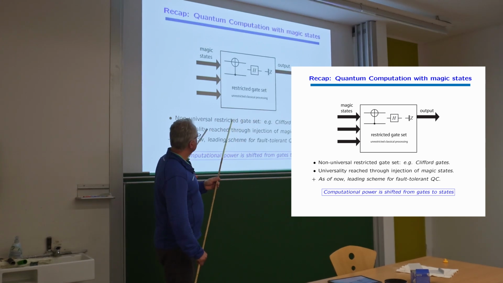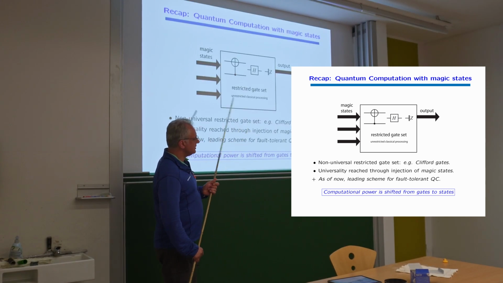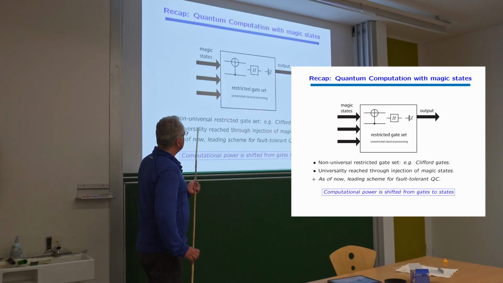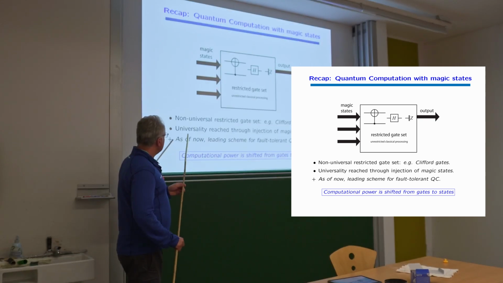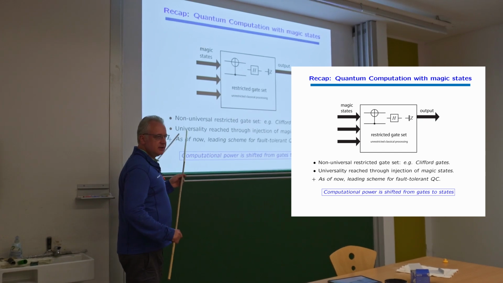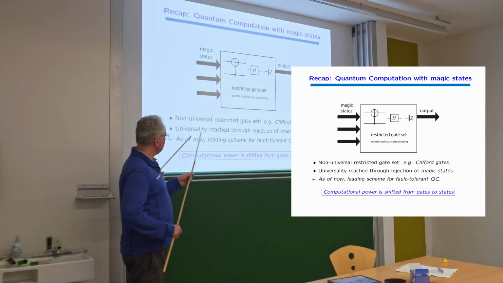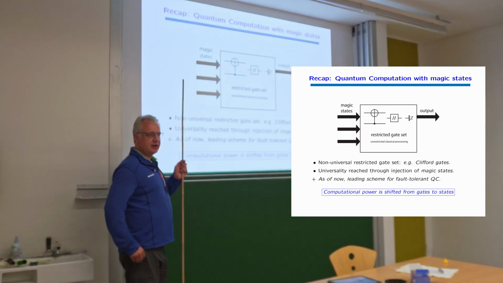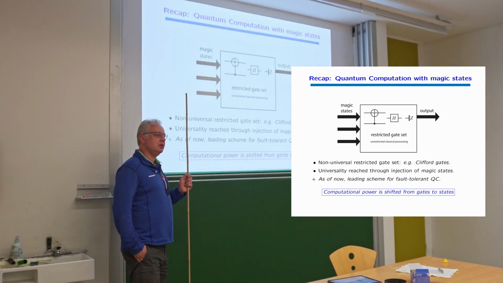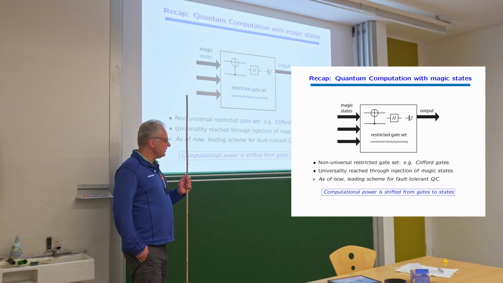You can inject magic states and recover the missing unitary gates. At face value that sounds a little bit unnecessarily complicated. But from a practical point of view, this is actually how you would do fault-tolerant quantum computation. It's the most efficient way we know how to do it, and we talked about that last time.